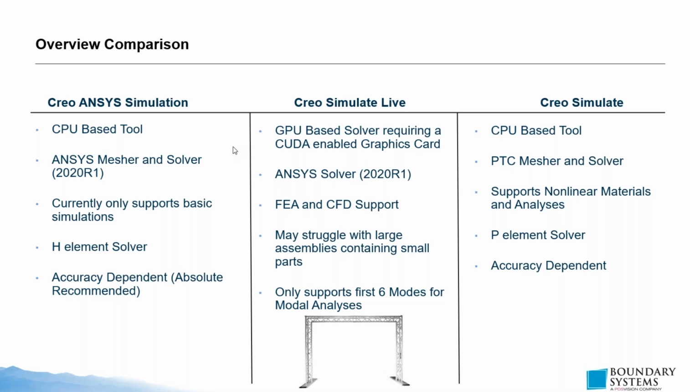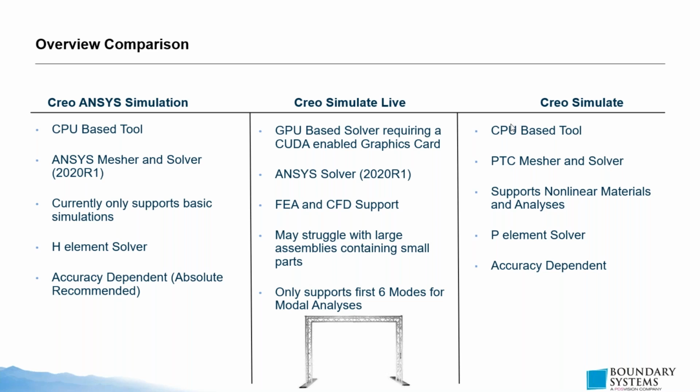Another good question is regarding friction and which of these can handle friction. Currently, Creo Simulate is the best tool available for friction, or what we call interfaces. Currently, Creo ANSYS Simulation can't account for friction, and Creo Simulate Live also cannot.